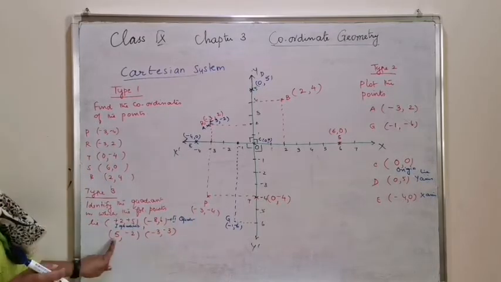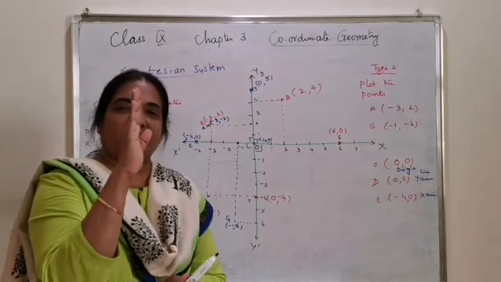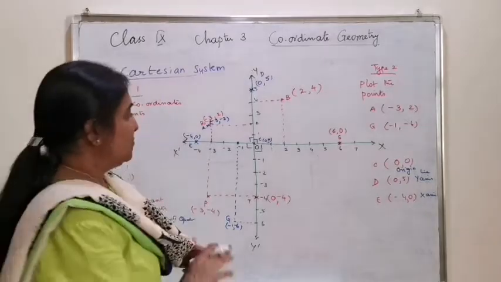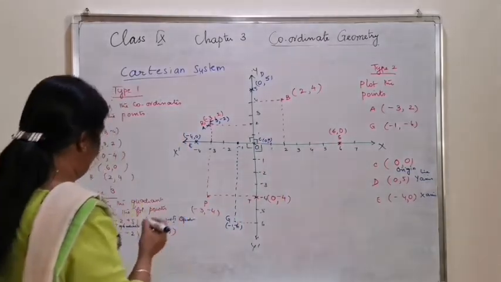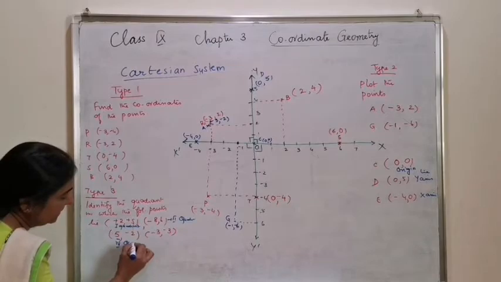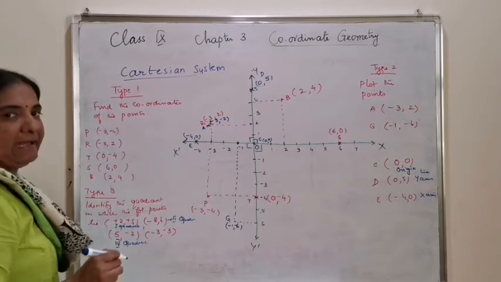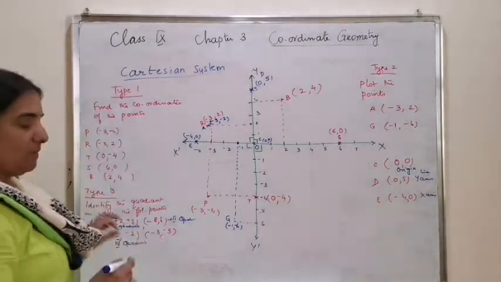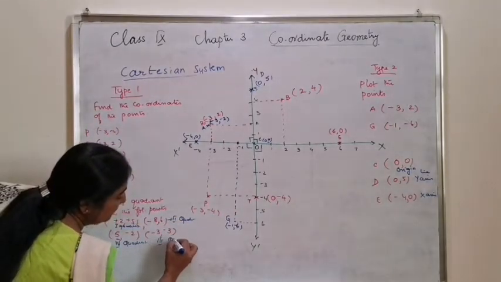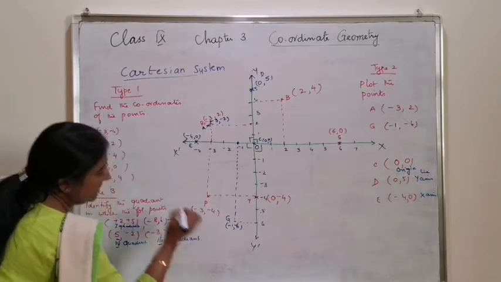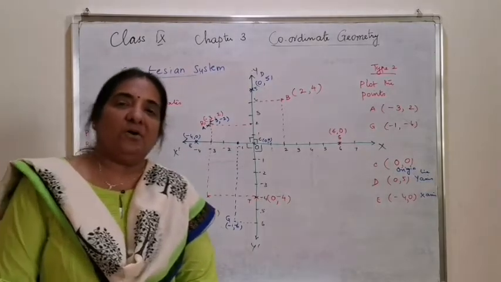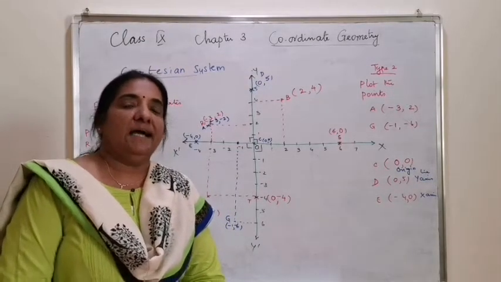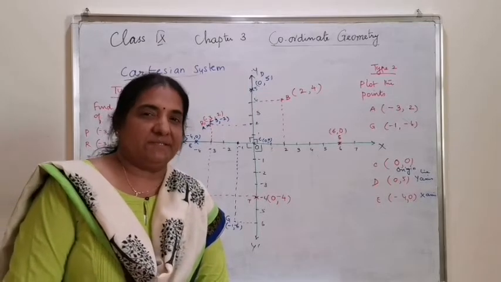Then (5, -2): 5 is the positive x number and -2 is the negative y coordinate, so (5, -2) will be in the fourth quadrant. And (-3, -3): both numbers negative will be in the third quadrant. I hope all these questions are very clear to you, how to plot the points and identify the quadrants.